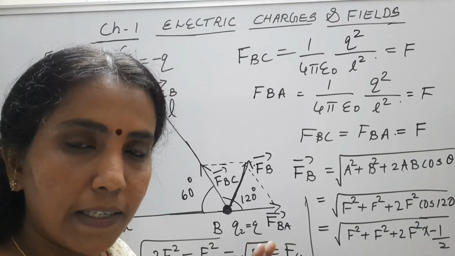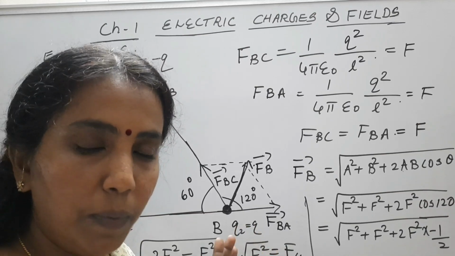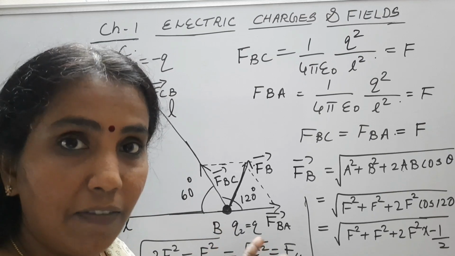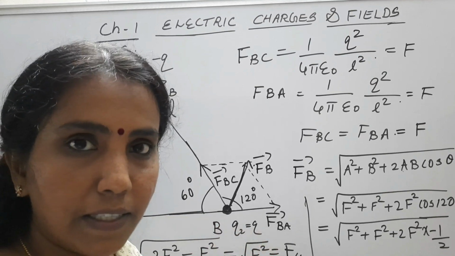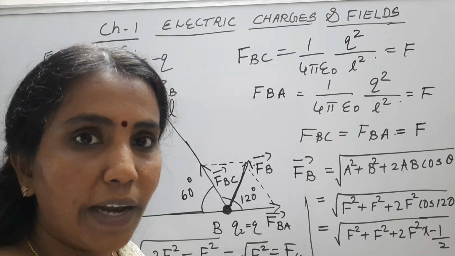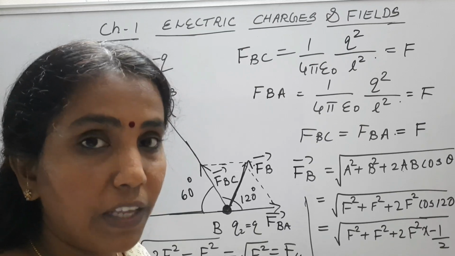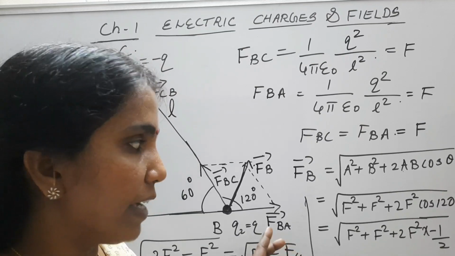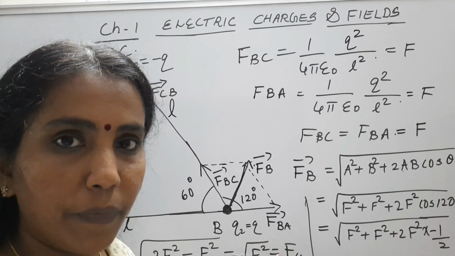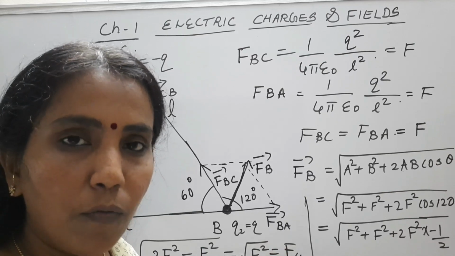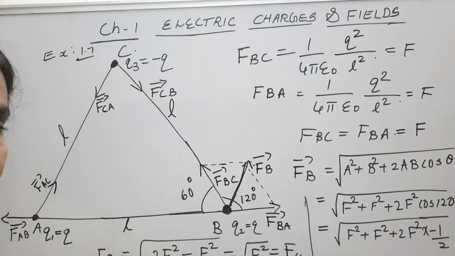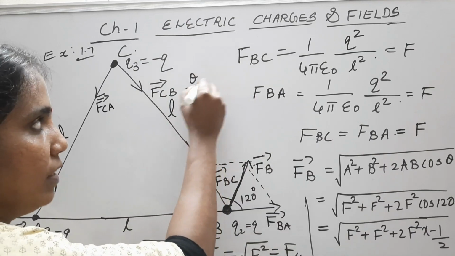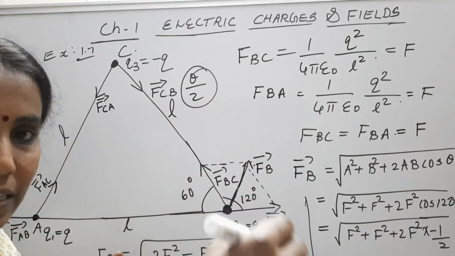If theta is the angle between two identical vectors, or two vectors of equal magnitude, their resultant will make an angle theta by 2 with either of the individual vectors.